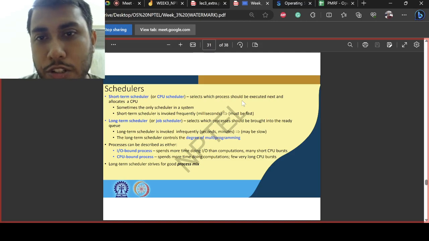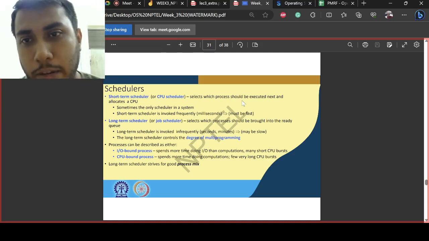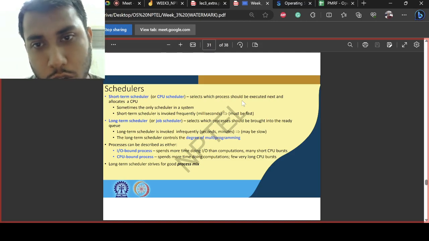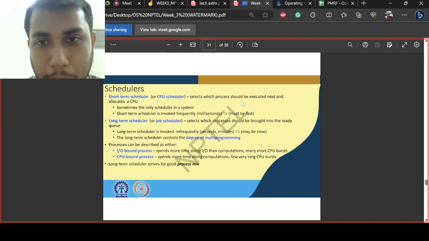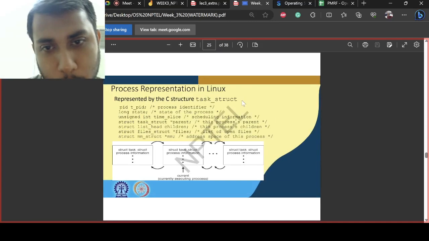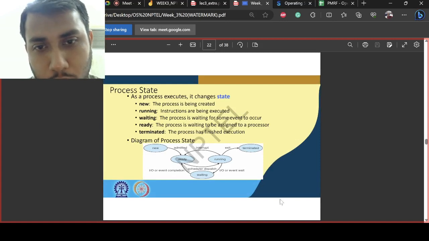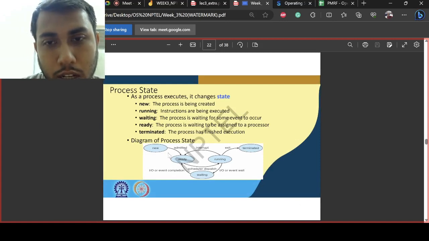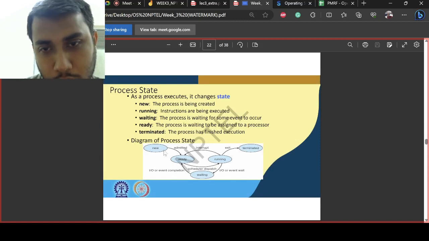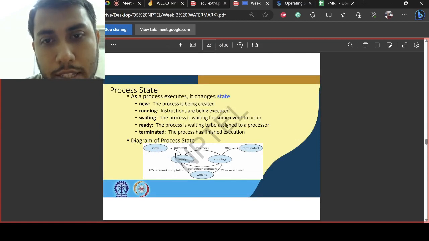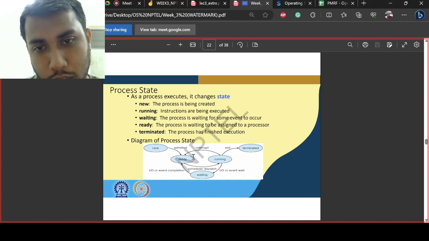Then you have your schedulers: long-term schedulers, short-term schedulers, and IO schedulers. Let's come back to this diagram. Admitting from here to here, from new state to ready state, is your long-term scheduling.